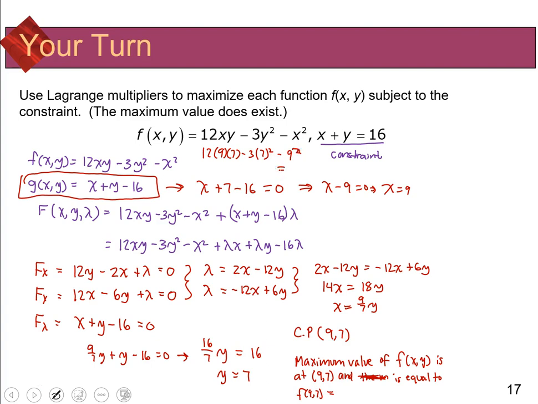And when I work that out, I get 528. So it does have a maximum value at (9, 7), and that maximum value is 528.